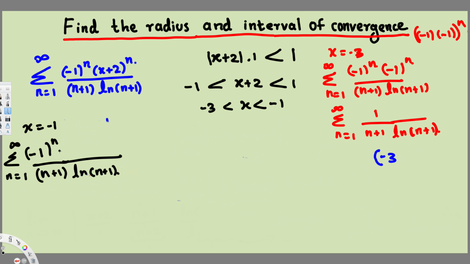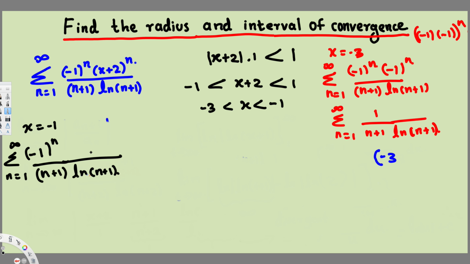To find whether an alternating series converges or diverges, we do the alternating series test. In order to be convergent, the limit of this one has to be 0 and the function has to be decreasing. Now here we only take the bn value. The bn value is basically what's left when we eliminate this -1.